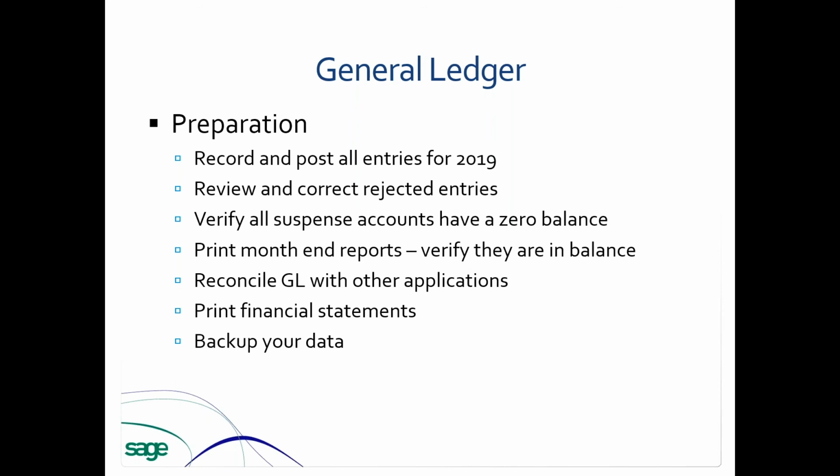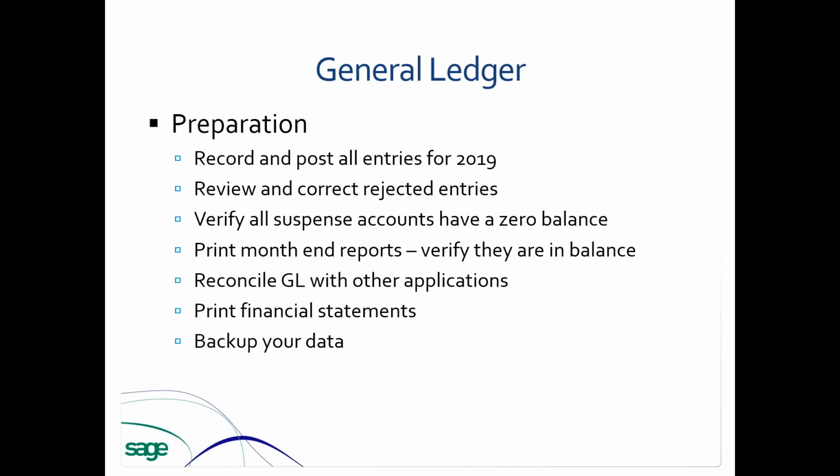Make sure that your suspense accounts are zero. You should be doing that monthly anyway. Anything that hits your suspense account, you need to research it, figure out why, either correct it in the application that it came from, or do a journal entry to move it to where it belongs.